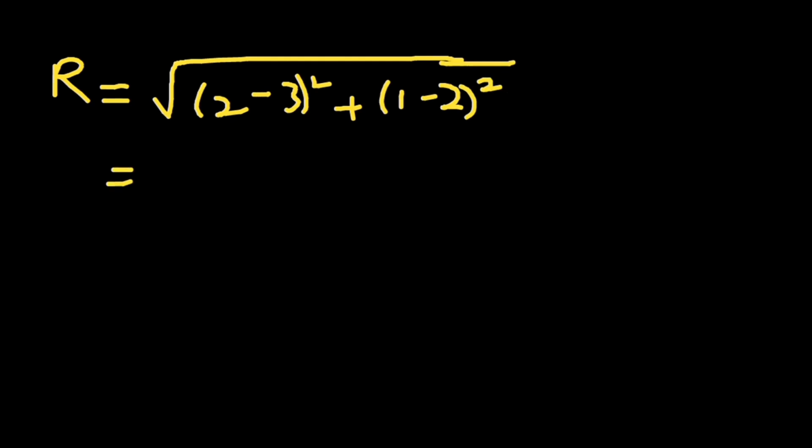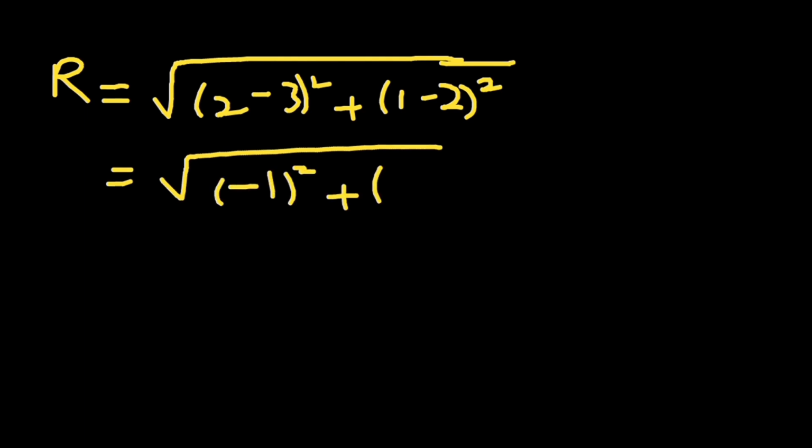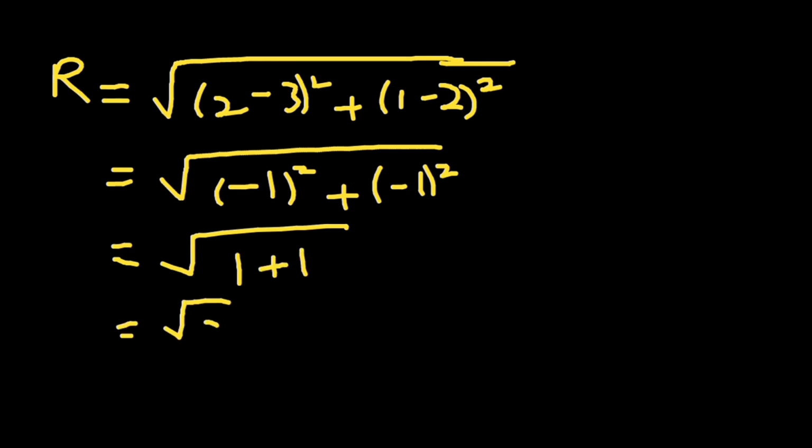So we shall have the square root of (-1) squared plus (-1) squared, which will give us the square root of 1 plus 1, which is the square root of 2. Taking the square root of 2, we have that r will be equal to 1.414, which gives the distance between the 2 points.